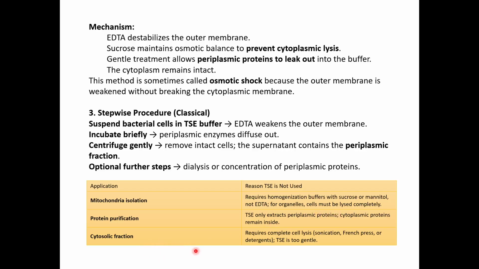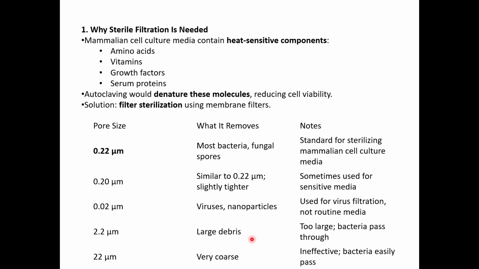Cytosol fractionation requires complete lysis of cells, and TSC is too gentle for this. We go to processes like sonication, French press, or use detergents. So TSC is basically used for periplasmic proteins.